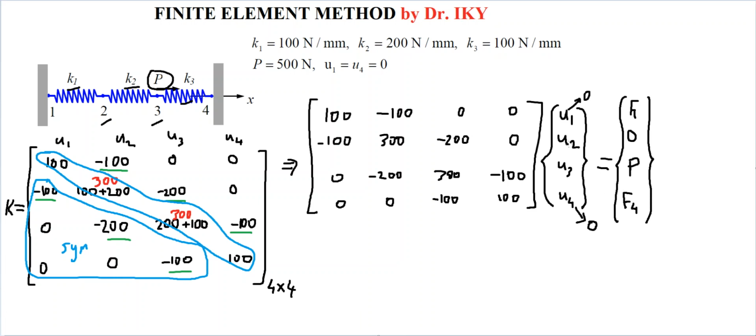Why? Because this time we have got knowledge at the center. I will find the displacements. I will use the second and third rows and columns. So the basic approximation area will be here now.